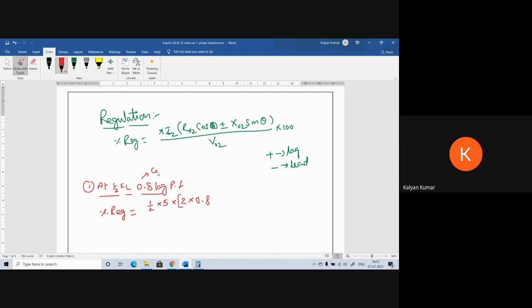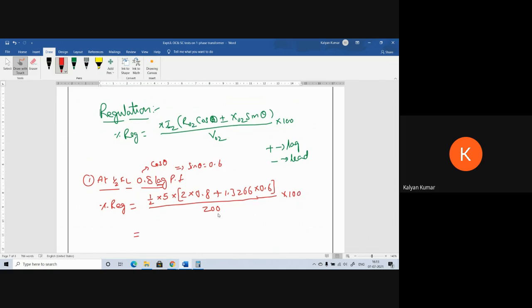From this cos theta, sin theta will become 0.6. As it is a lagging power factor, we need to use plus. X02 is 1.3266 and sin theta is 0.6, divided by V02, which is 200, into 100.